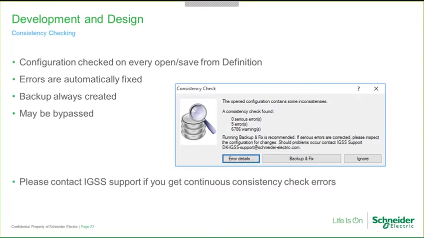The first thing you'll notice when you open an IGSS configuration in version 12 is most likely this dialog saying that it has some inconsistencies. What that means is that we've had a command line tool used by the support and some high-level end customers that could actually run through all our files and databases and check for inconsistencies.